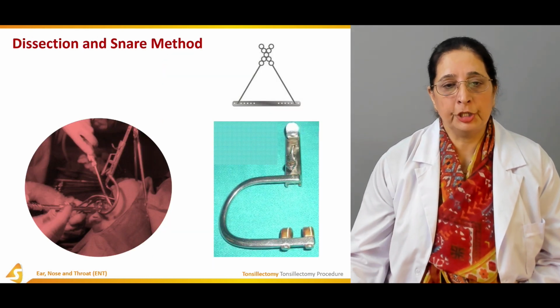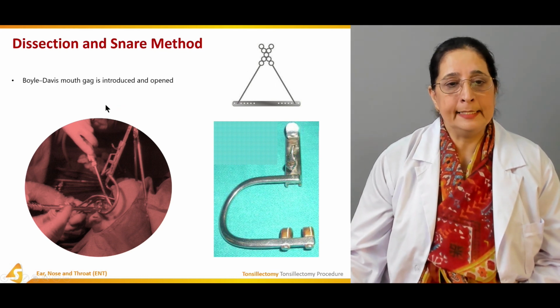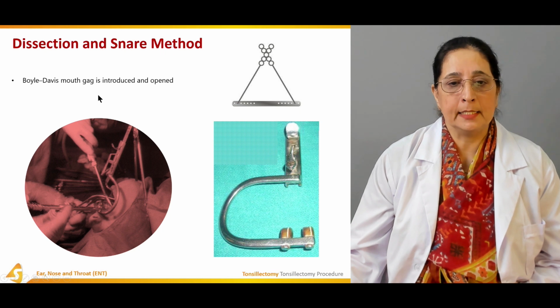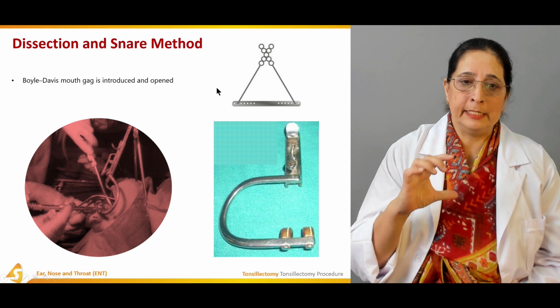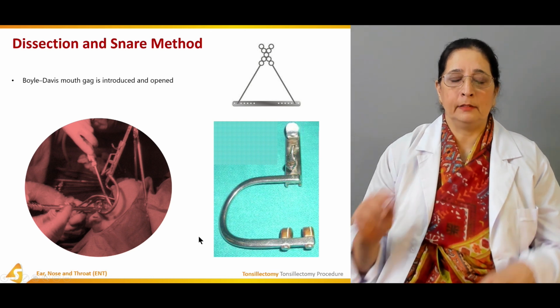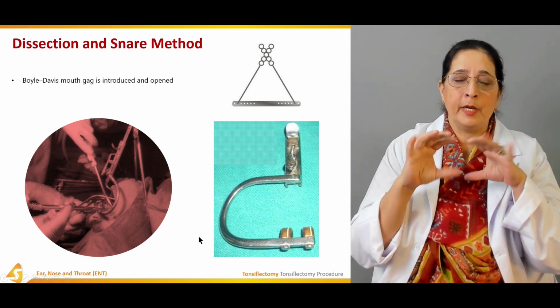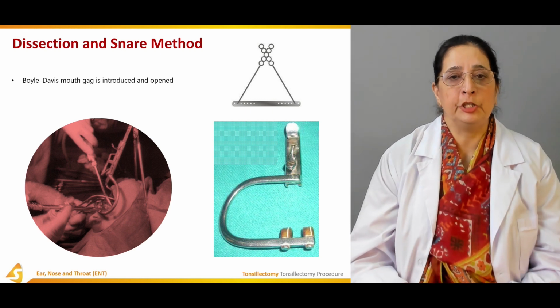Now, the dissection and snare method. The Boyle-Davis mouth gag is introduced and opened. You can see this is the Boyle-Davis mouth gag. It is inserted and opened, so the mouth remains open during the procedure.